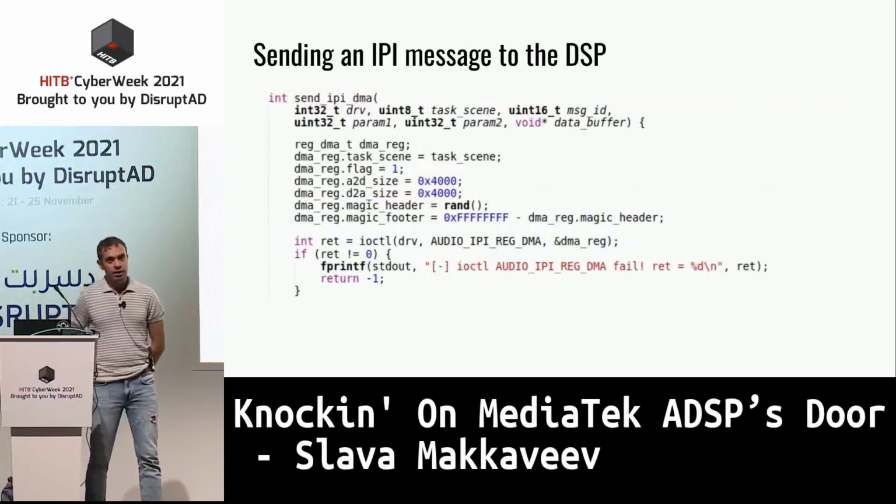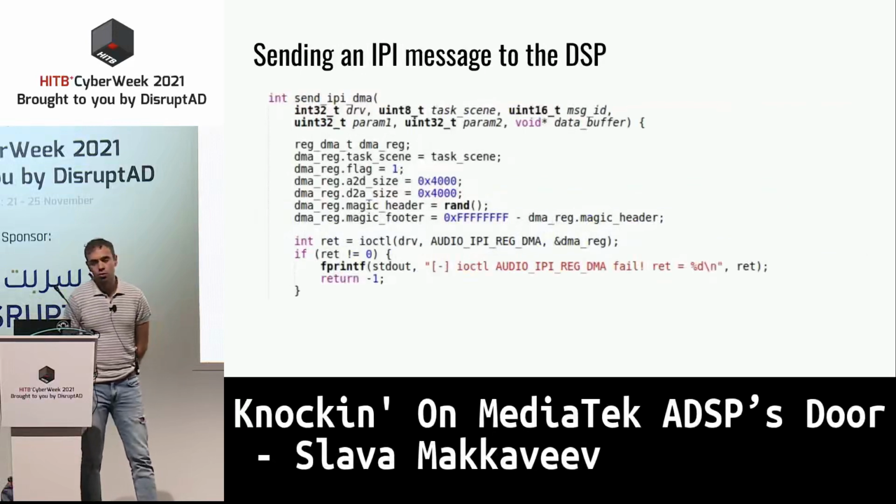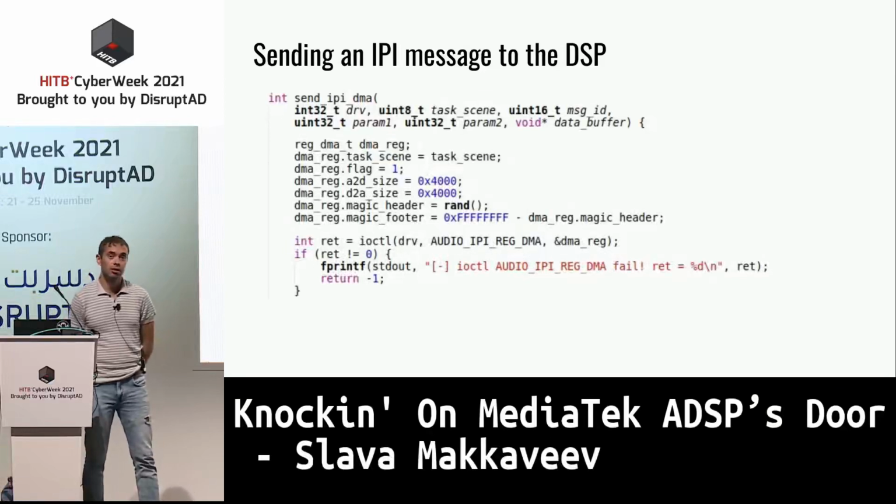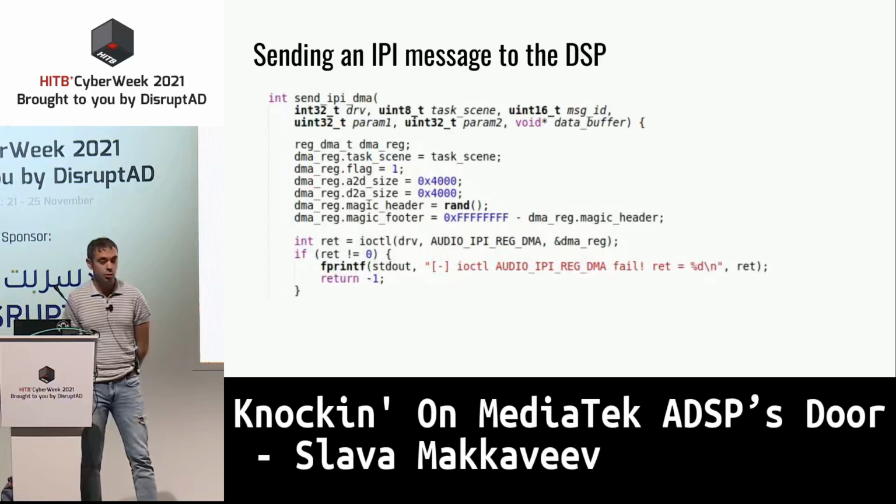To clarify, let's take a look at the following code that I have used to send EP messages from Android to the audio DSP. In this code, first we allocate a DMA req object and fill in the fields, indicating that we need 4 kilobytes of memory for the message payload, and then we call the audio EP req DMA ioctl to create the shared region.